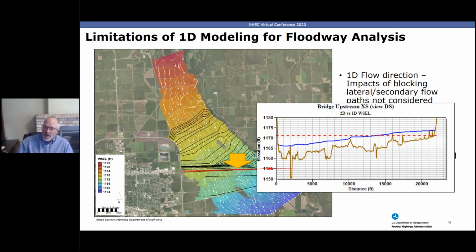And again, you can imagine these differences, in a 1D model when removing equal conveyance, it's certainly not going to be representing a true equal conveyance reduction based on the actual flow conditions. So again, my point here is that just simply how we're drawing cross sections with these assumptions can significantly impact the floodway results.